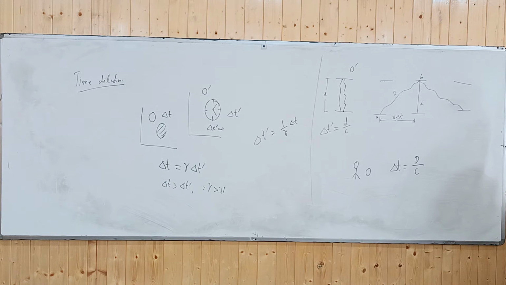Now tell me what is d. Use the Pythagoras theorem. So it is root of d square plus v square delta t square, divided by c.